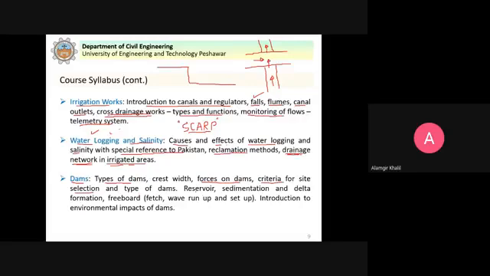We will also study some introduction to reservoir sedimentation and delta formation. The water which is stored in the reservoir carries sediments, which are deposited, and ultimately the storage capacity is affected.